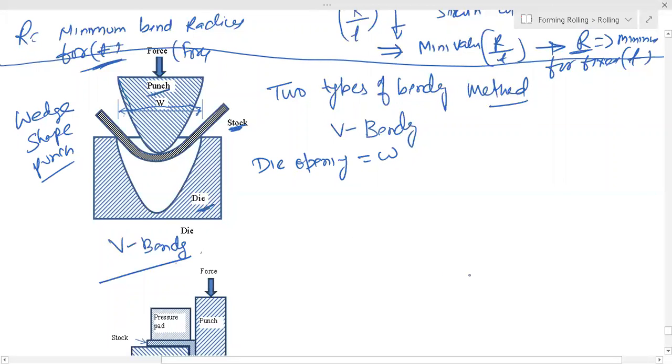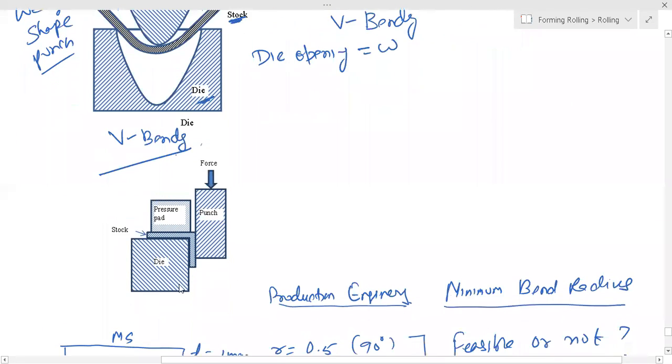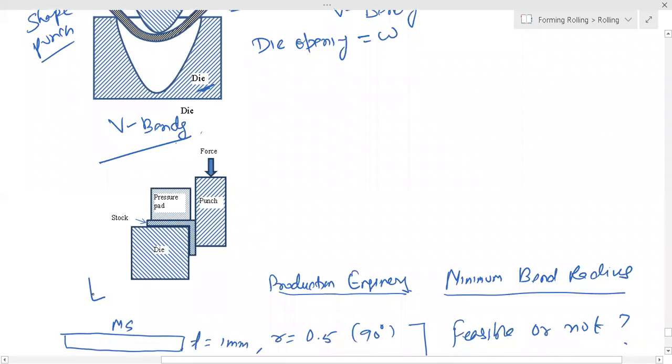Then the second one is your edge bending, that we call edge bending. This image shows your edge bending. So basically, this is your die, and this is your punch, and this is your pressure pad.